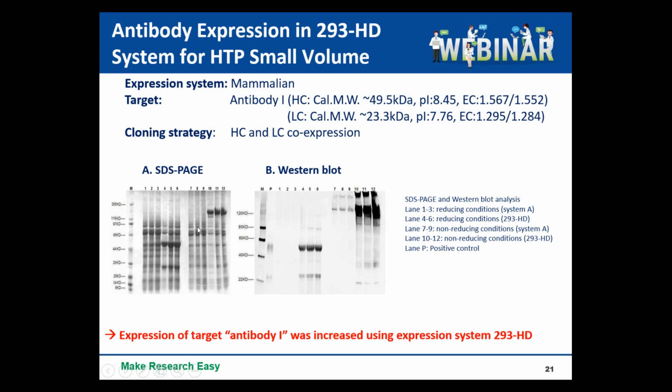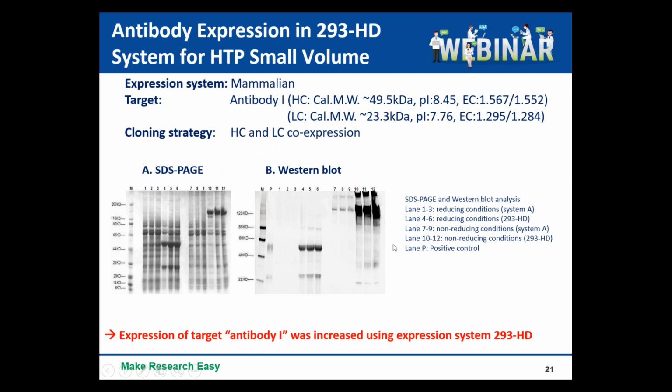If you look at lanes 7, 8, 9, again, these are the non-reducing lanes of the non-high density system, and lanes 10, 11, and 12 are the non-reducing lanes of the high density system. Again, stark contrast between the regular transient expression and high density transient expression.